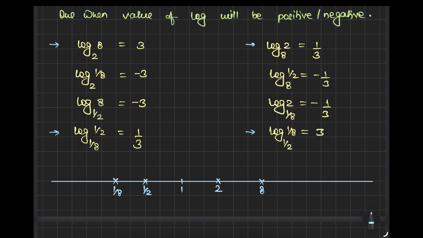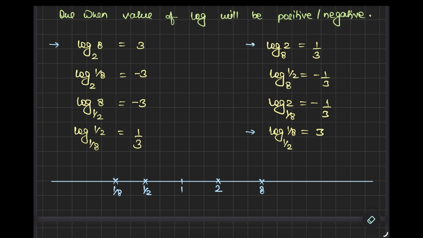Look at the argument and base. First case, 8 and 2 are on the same side. Second case, 1 by 2 and 1 by 2, same side. 2 and 8, same side. 1 by 8 and 1 by 2, same side.